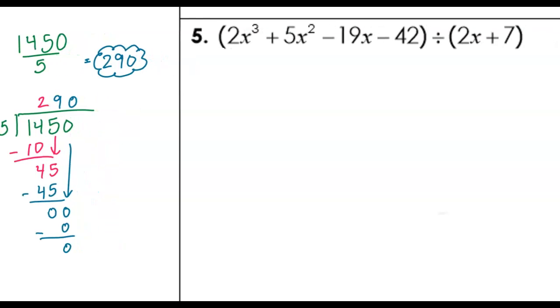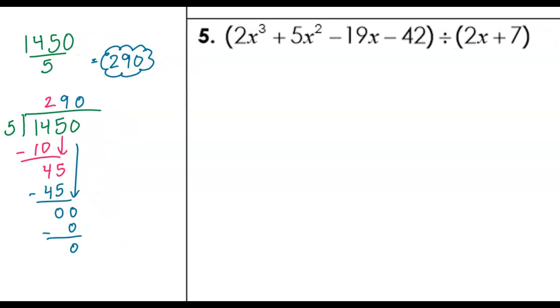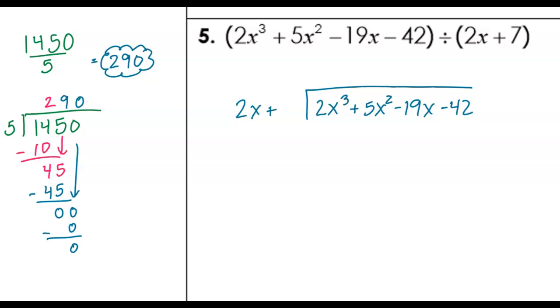So same process here. We take what is being divided and we place it inside of our division house. And then we take what we're dividing by and place it on the outside.